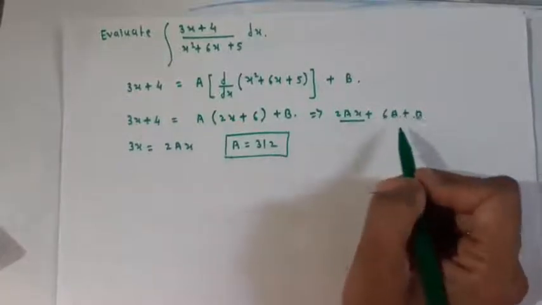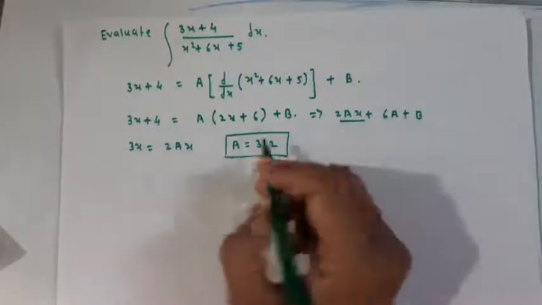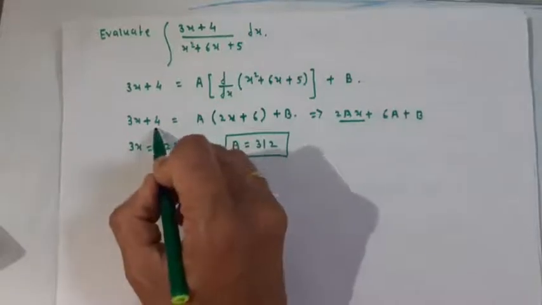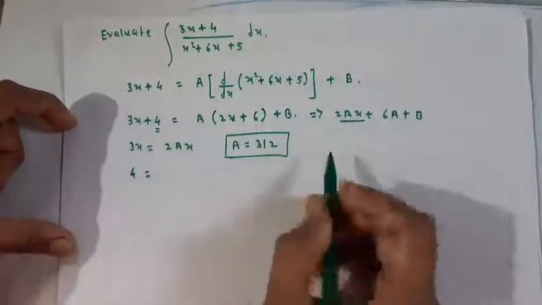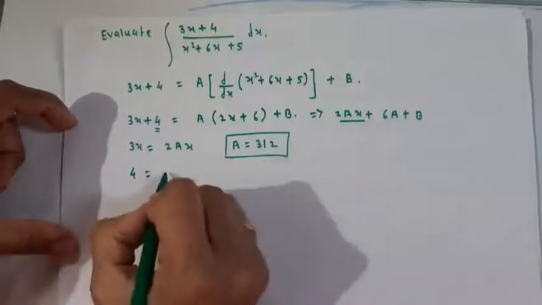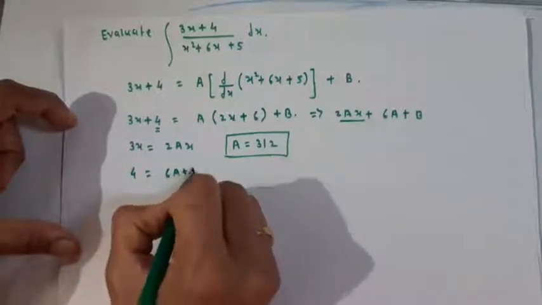Now to find the value of b, compare the constant terms. Here the constant term is 4, and on the other side the constant term is 6a plus b.